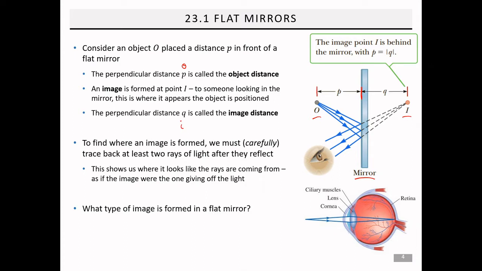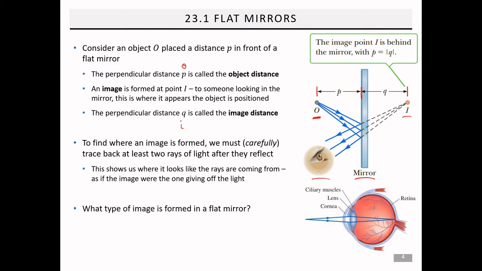So the object is the actual physical object that's giving off light. When you're looking in a mirror or through a lens, the image is where it looks like the light is coming from. So to clarify that, imagine that you're standing in front of a mirror and you have an object behind you. So imagine that this eye is your eye, and imagine that this object is a candle that's located behind you.